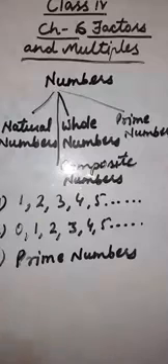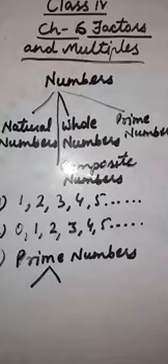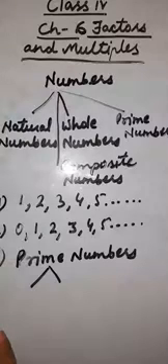So prime numbers are numbers which have only 2 different factors.